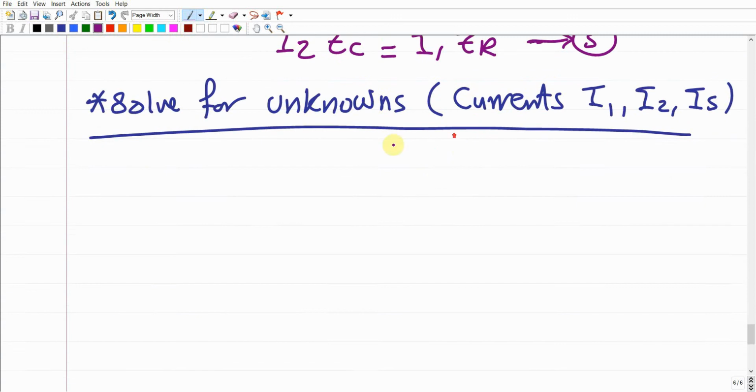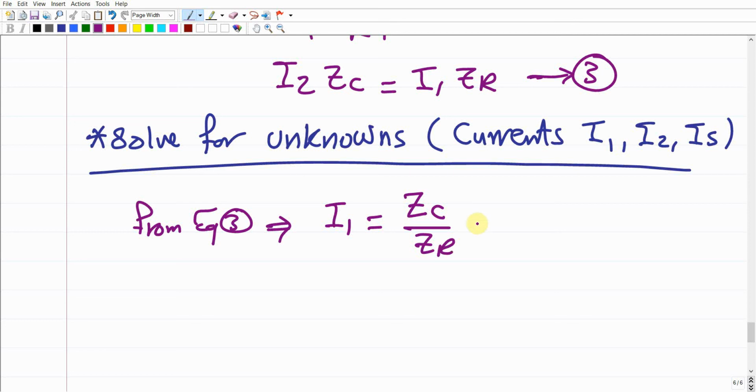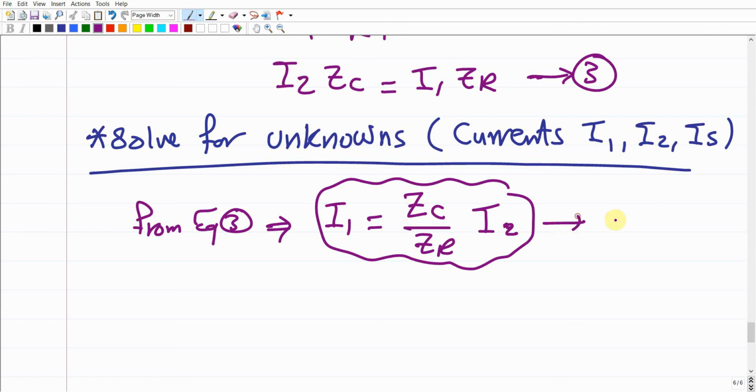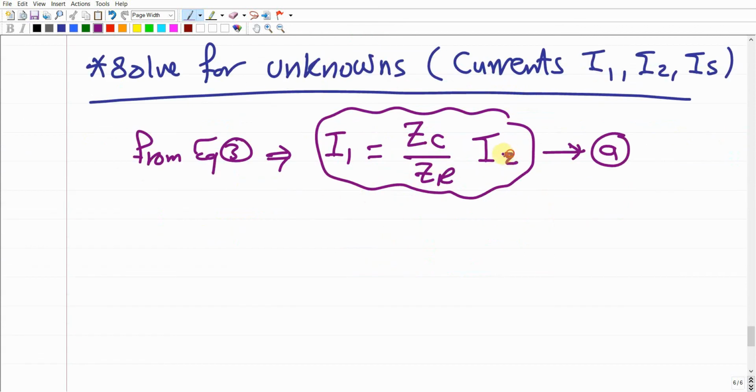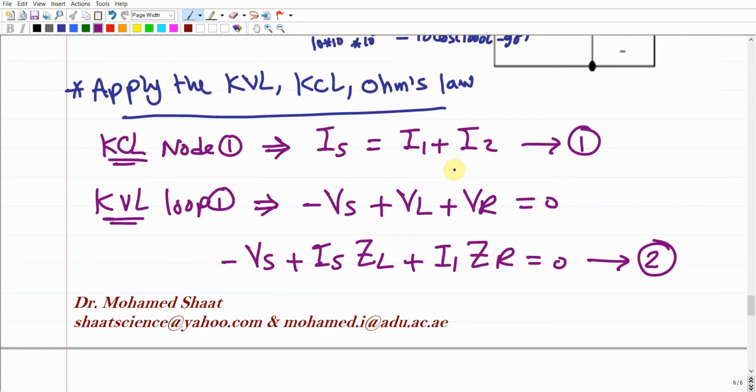So how can we solve for these unknowns? Simply, we can start from equation 3, or any equation. From equation 3, we're going to conclude that I1 equals ZC divided by ZR times I2. Make sense? Let us call this equation A. Then you're just going to plug this equation into any one of the other two equations, equation 2 or equation 1.